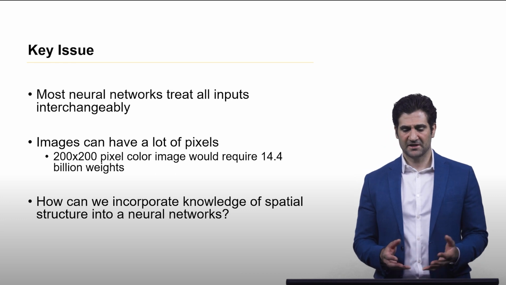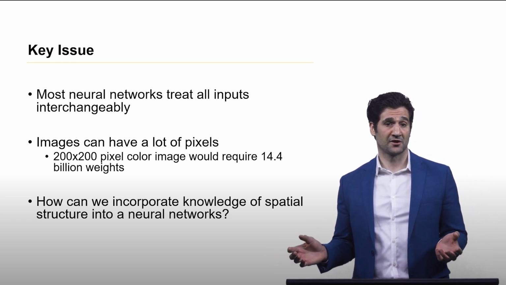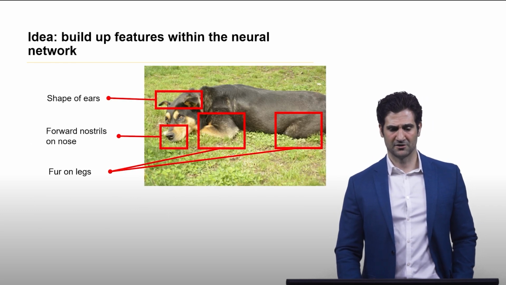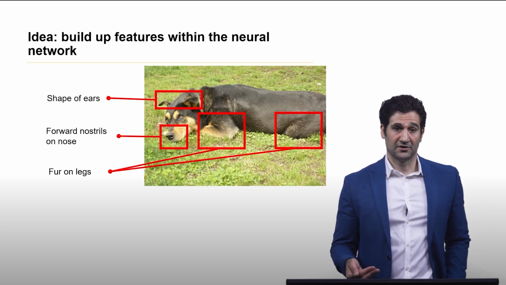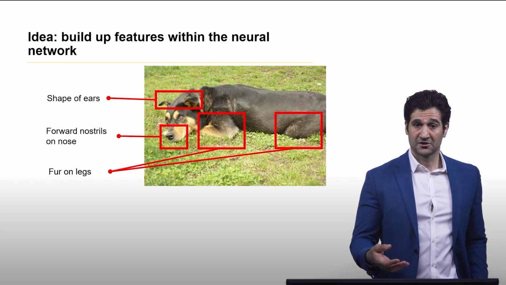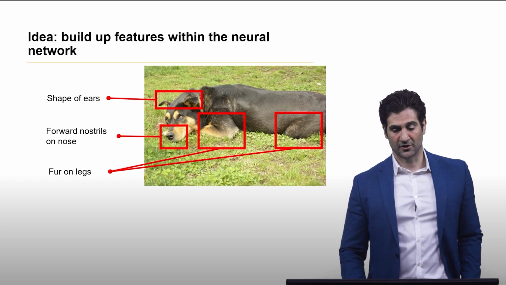So instead, the idea is how do we incorporate knowledge of the spatial structure into the neural network? That's where we're going to start to look at how you build these features up. Can the neurons of the network start to pick out where there are ears, where there is a nose, where there are legs?